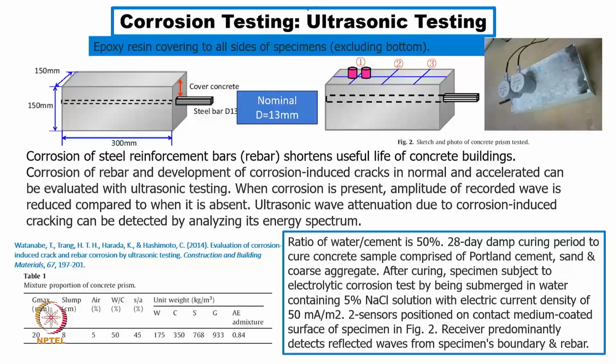Now, another test which we have covered earlier is ultrasonic testing, and the same thing has been shown here. As I already mentioned, there is a concrete, and this concrete itself is a reinforced concrete. Basically it has a steel bar, and the steel bar can get exposure to corrosive media, something like a chloride solution.